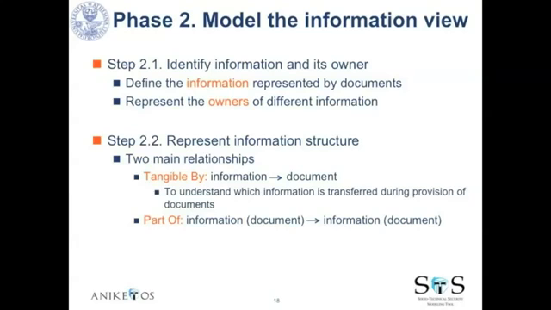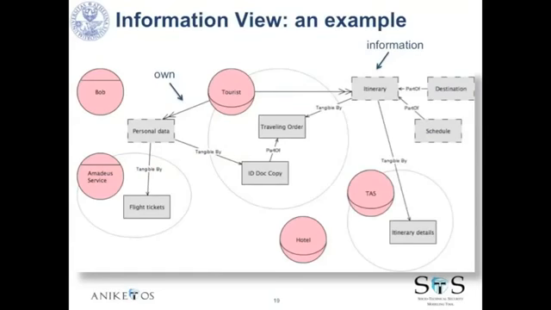And secondly, part of is helpful to capture composite information or composite documents. Say we had itinerary details, an information that included both destination... okay, I'll show here the information view. So we have captured the different information that are contained in the documents that were represented in the social view.